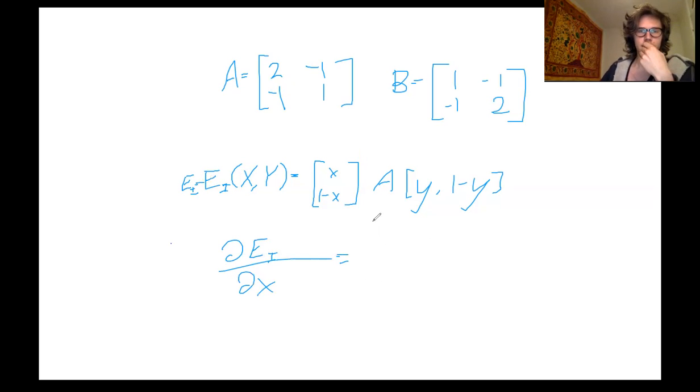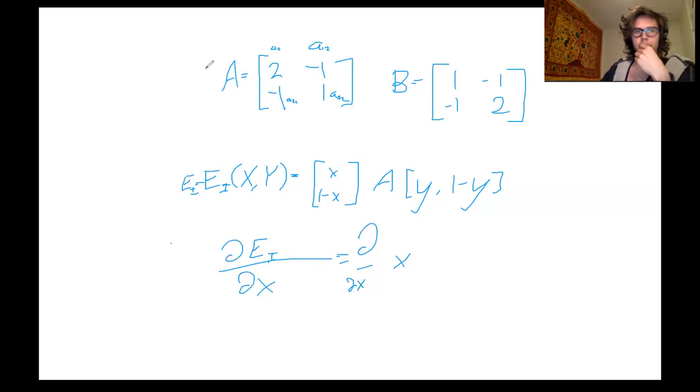And this is going to be the derivative of, maybe I can even do this in the general. Yeah, let's do it generally first. So we have entries A11, A12, and then A21, A22.